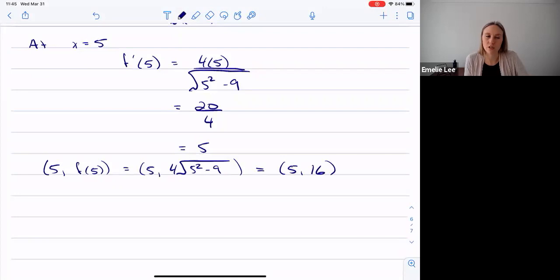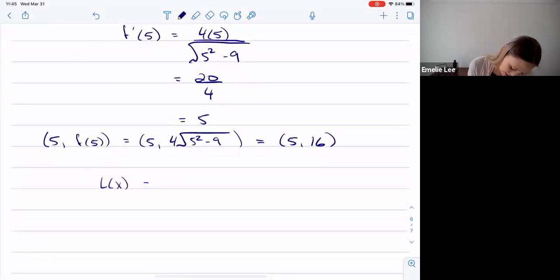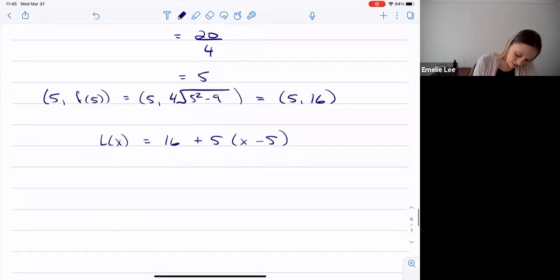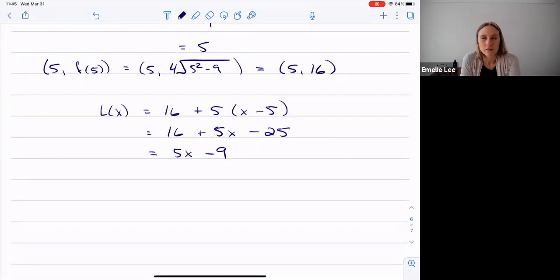And all of this is just to build that linearization. So L of x is 16 plus 5 times x minus 5. Can expand this out, and I get 16 plus 5x minus 25, which is 5x minus 9.